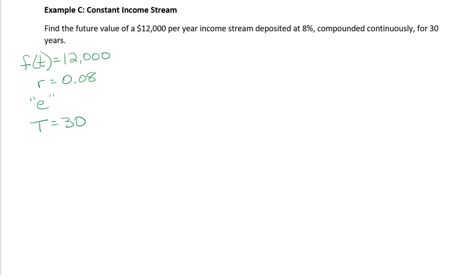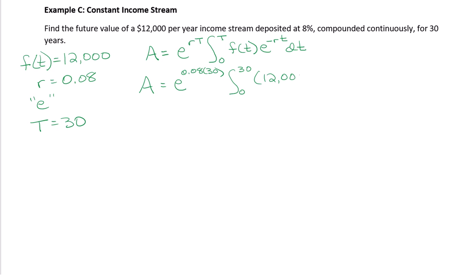So remember our formula where A equals e to the r capital T, integral from 0 to capital T of our income stream times e to the negative r little t dt. So let's plug everything in to find that future value.